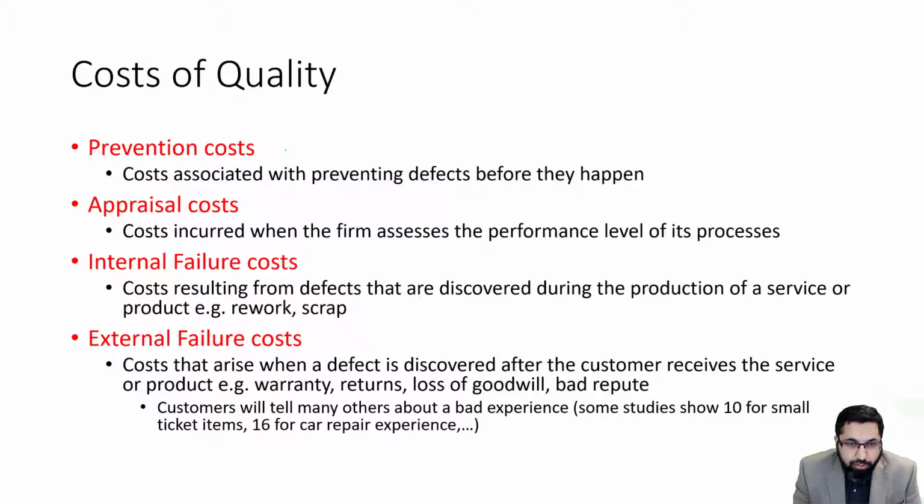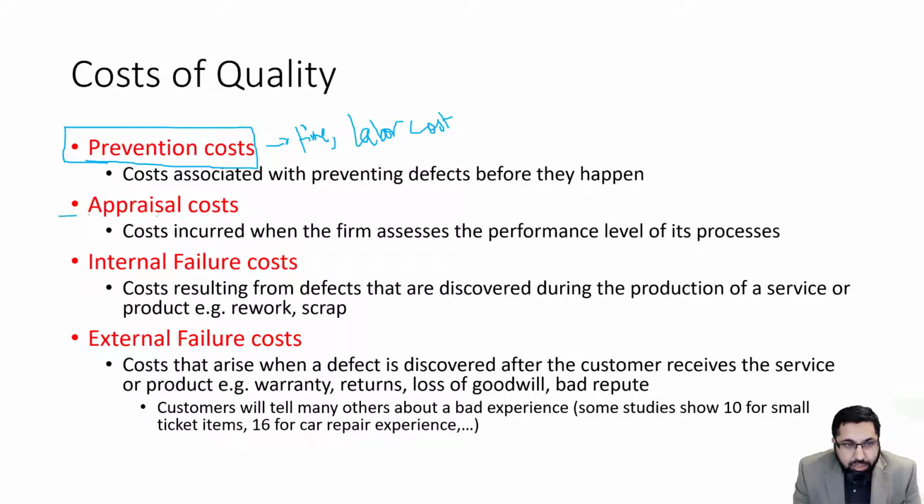So before you deliver a product to a customer, you check it to make sure it doesn't have a problem. That testing may cost you some time, and you may have to pay someone to do the test. It may add to your labor cost. And so these are called prevention costs to prevent defects from reaching the customer or occurring in the first place.